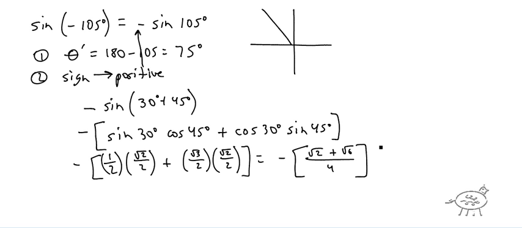And then no parentheses allowed in your final answer, so you need to simplify that. And it's negative root 2 minus root 6 over 4. And that's your answer for that problem. Okay, so that's how you deal with negatives. That's how you also deal with angles that are not acute.